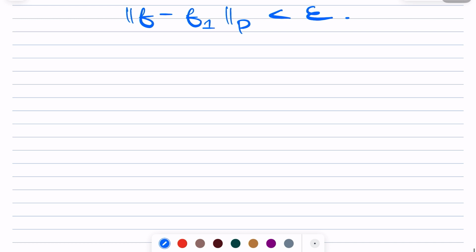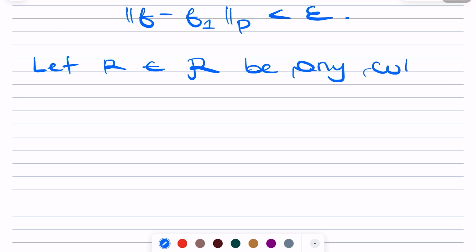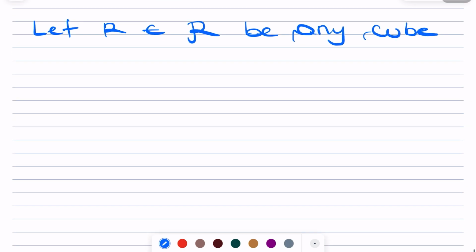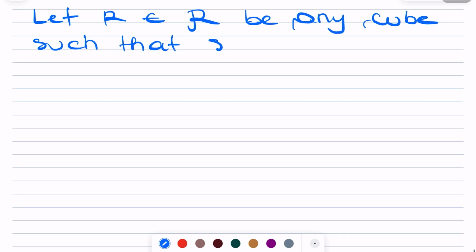Now let R, calligraphic R, be any cube such that the support of f1 is actually contained in R.